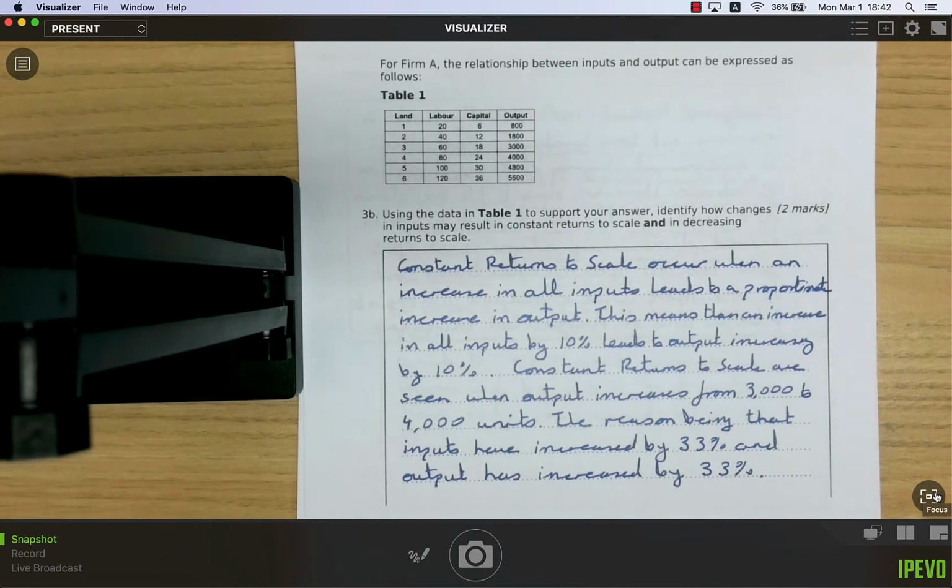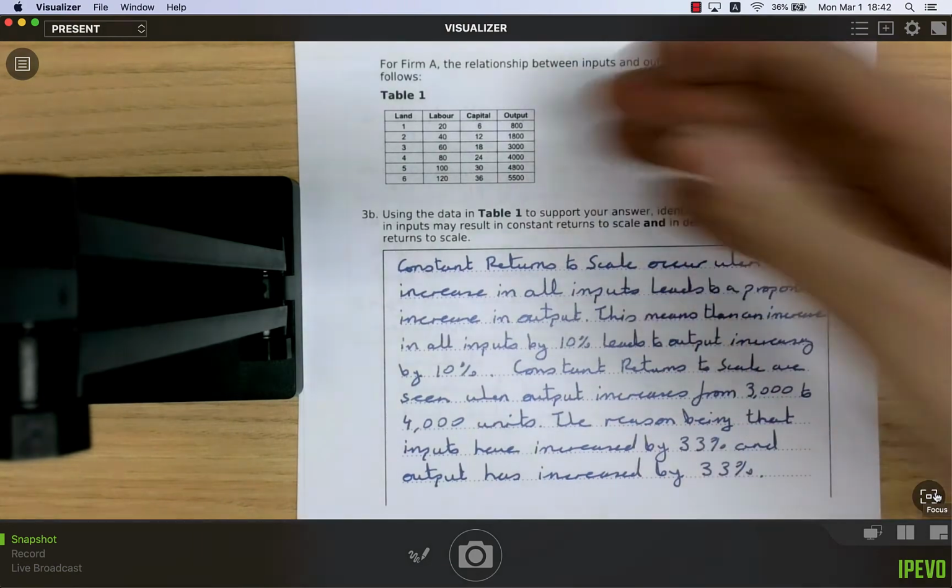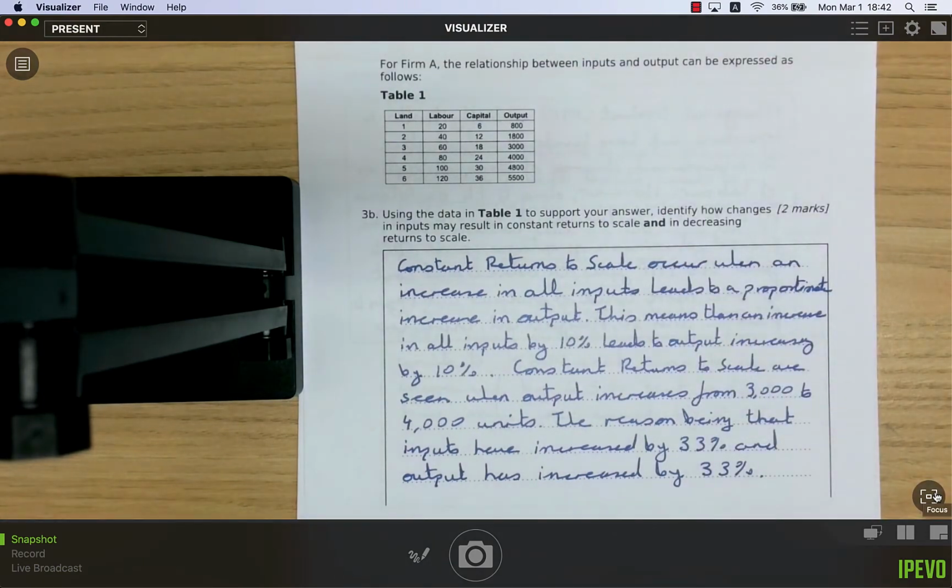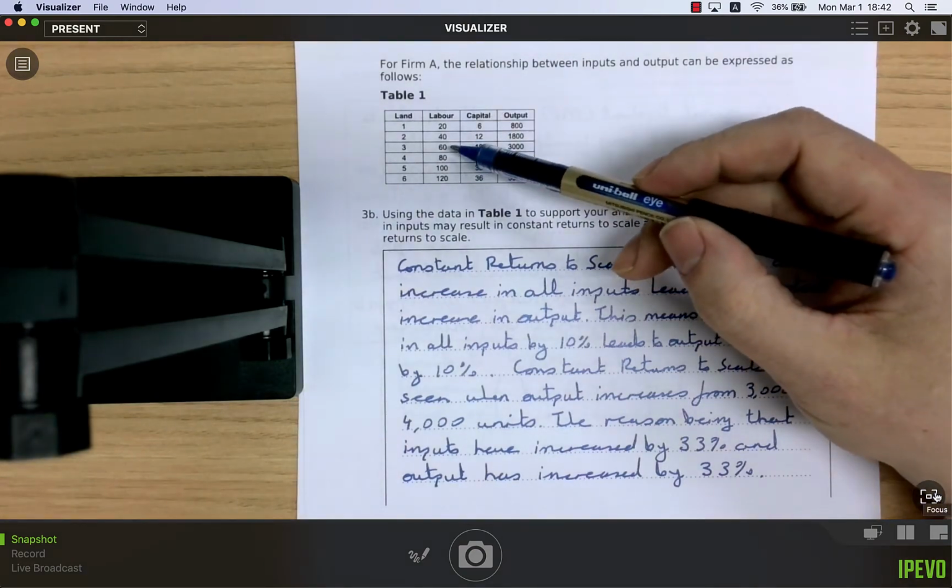Now, looking at this, where can constant returns to scale be seen? Constant returns to scale are seen when output increases from 3,000 to 4,000 units. Well, let's examine what's happening to all of the inputs: land, labor, and capital.